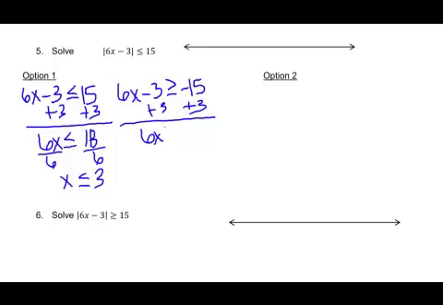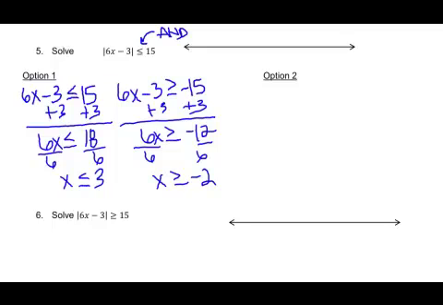So 6x is greater than or equal to negative 12. Divide by 6. X is greater than or equal to negative 2. Now, if we start out with less than or equal to, this is going to be an and inequality. So we want to make sure that we watch for that when we look at our solution.